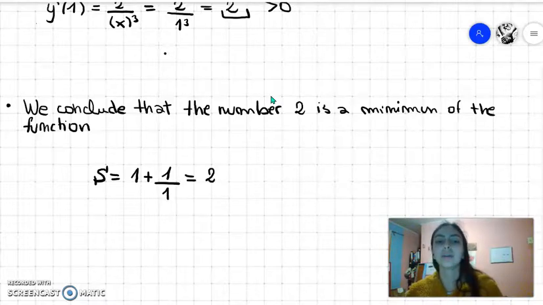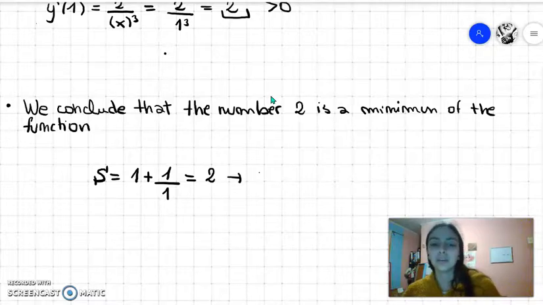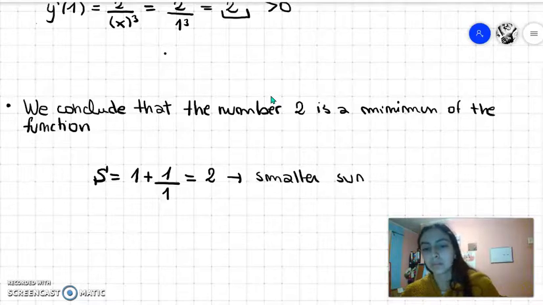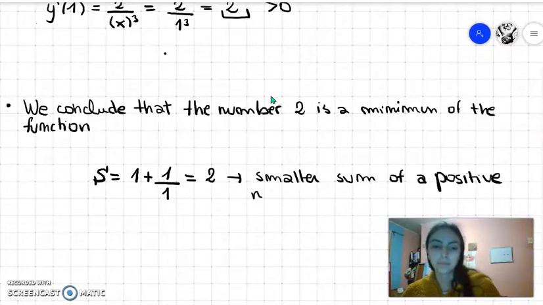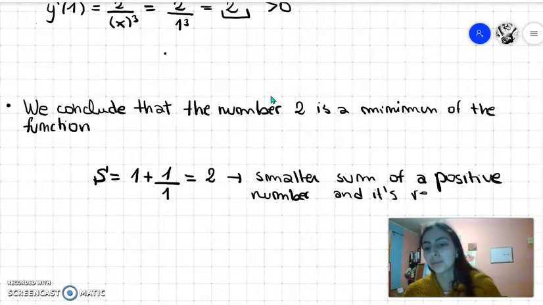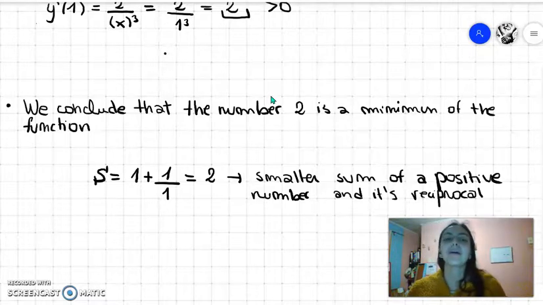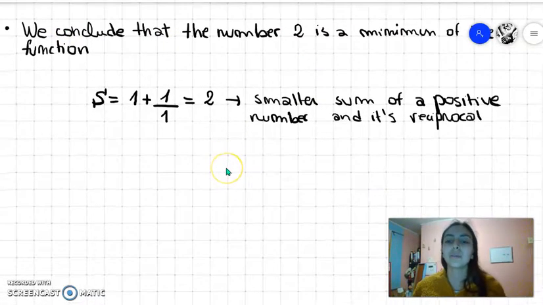So we have 2, and 2 is the smallest sum of a positive number and its reciprocal. So we only apply the first and the second derivative theorem, and then we find out that 2 is the smallest sum of such numbers.